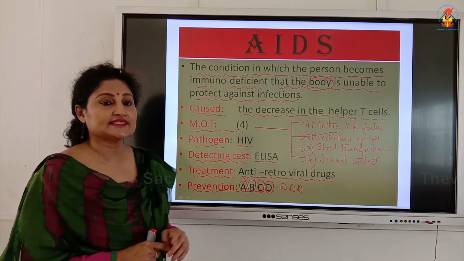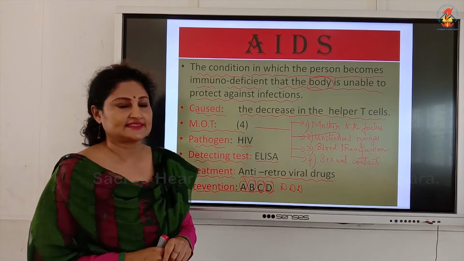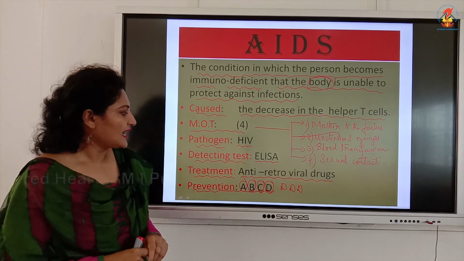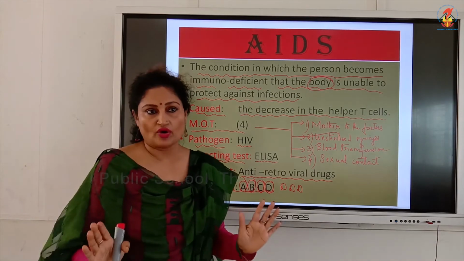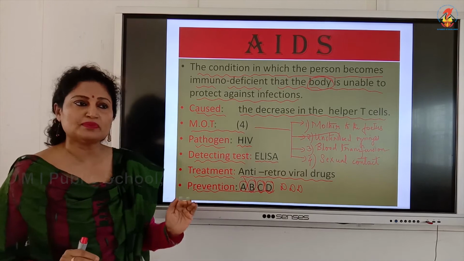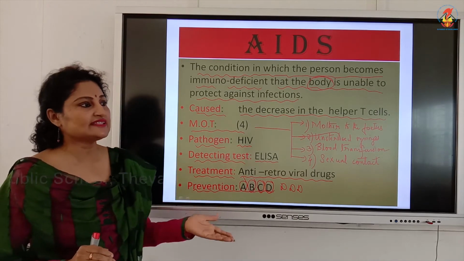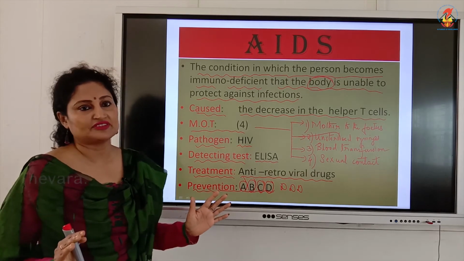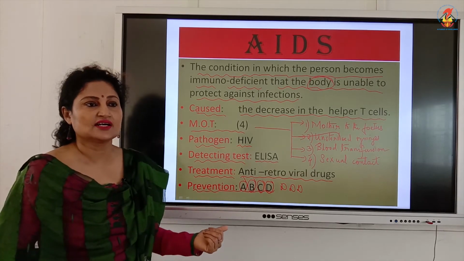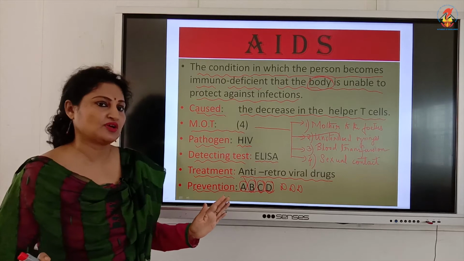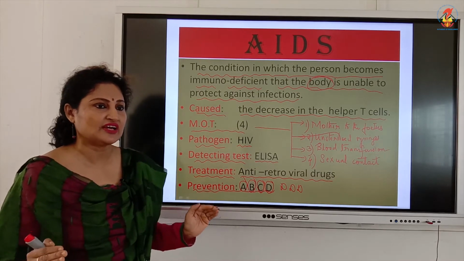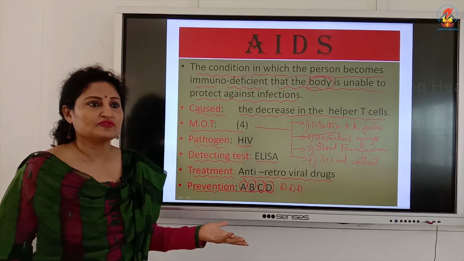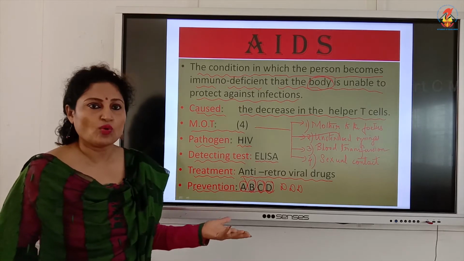The detection test is called ELISA test, enzyme linked immunosorbent assay, and there's no cure. Remember, there's no cure for AIDS, but if the person has AIDS, there's treatment just to prolong his life. Death is inevitable and he suffers from multiple infections because the immune system is very low or zero, so he becomes prone to any disease which otherwise the person can overcome.